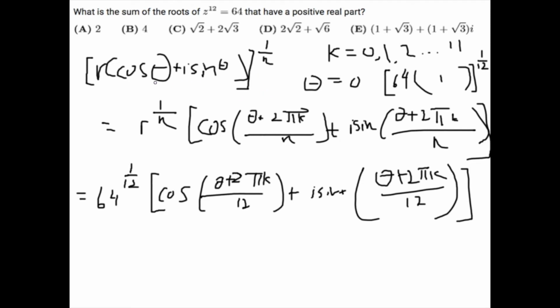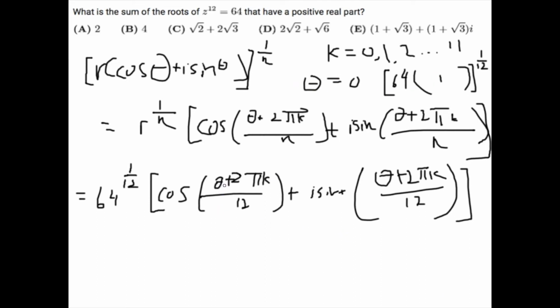And one way to do that is to have theta equals 0, which is cosine of 0 plus i sine of 0. Sine of 0 is 0, and cosine of 0 is 1. So we know that theta is equal to 0. Since theta is 0, we can just cross those out. And the 2 cancels with the 12, so we'll just leave a 6 on the bottom.